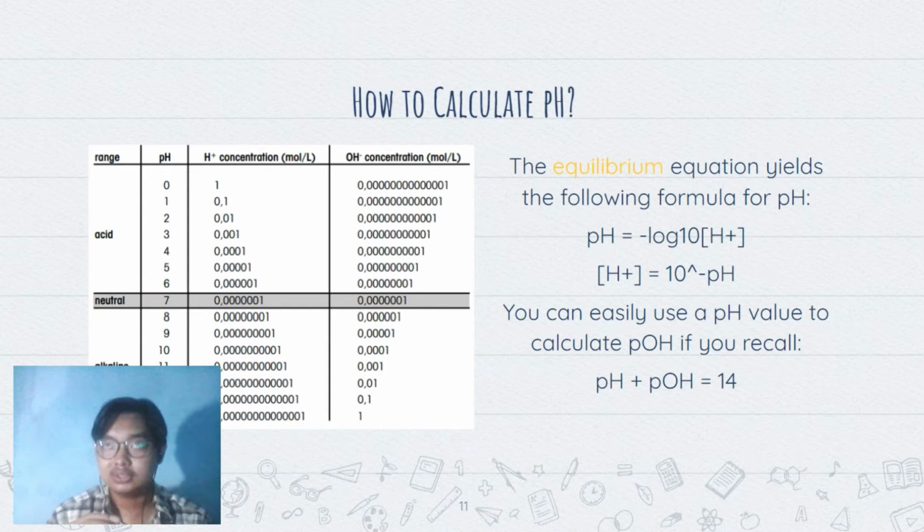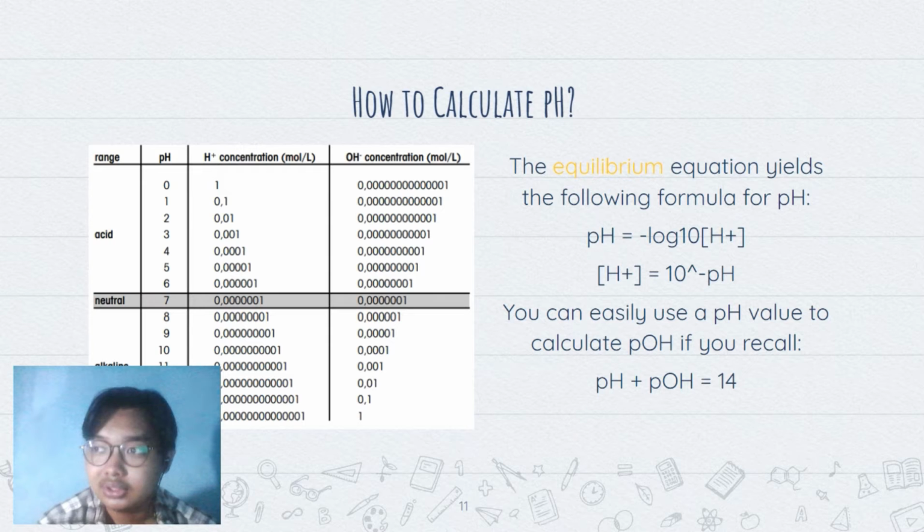We could also say that the molarity is equal to 10 to the power of minus pH. So we can find the pH if we know the molarity, and we can find the molarity if we know the pH level of the chemical solution.